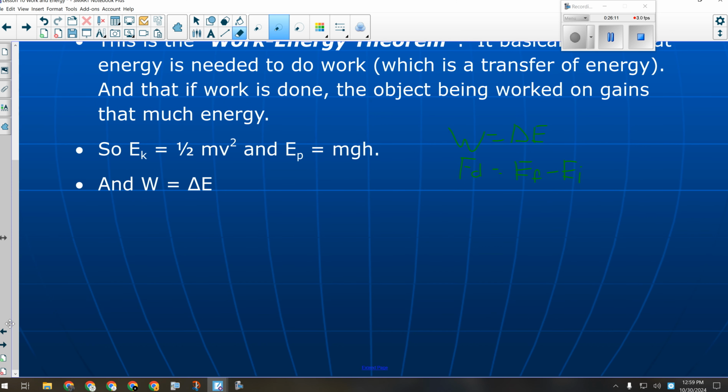So the final mechanical energy would be like this: potential energy final plus kinetic energy final, minus potential energy initial plus kinetic energy initial. That's what mechanical energy is. It's the sum of your potential and kinetic energies.